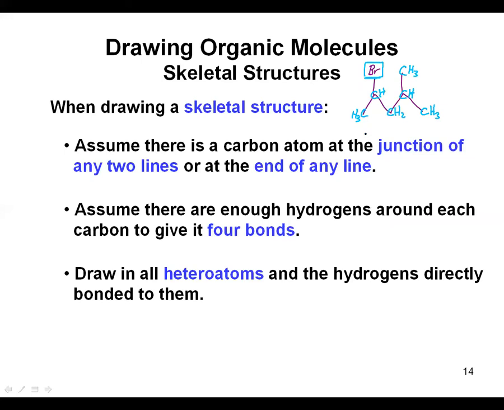Again, in line structure, we typically don't write any of those carbons like I just did. We typically don't write any of the hydrogens. Basically, in line structure, again, if you saw the complete one, wherever my pen went there, there it is.